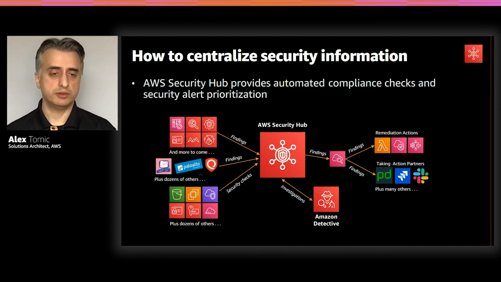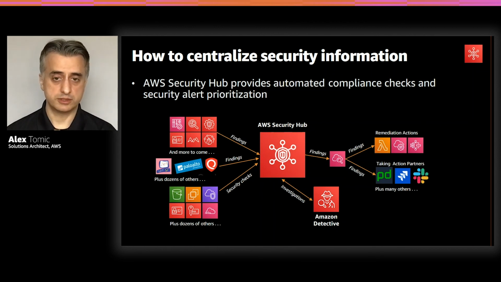It provides really a comprehensive view of your security posture in AWS and helps you check your entire environment against industry standards such as CIS benchmarks, PCI DSS, and even against AWS security best practices. As you can see, Security Hub ingests findings from GuardDuty and from other security services, for example, from Macie and Inspector.